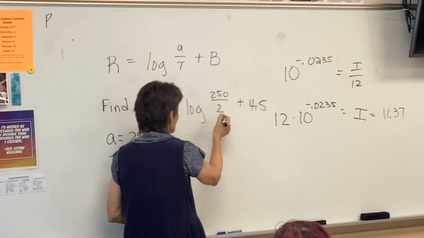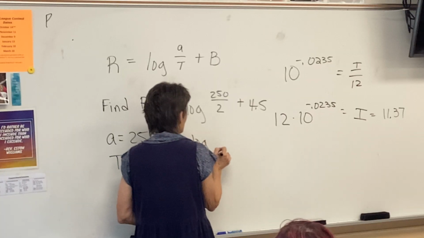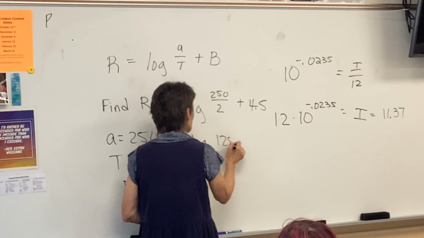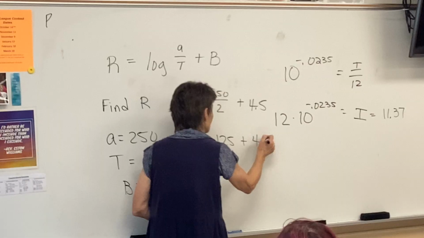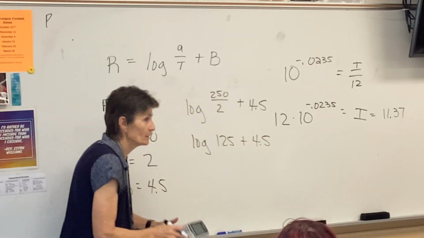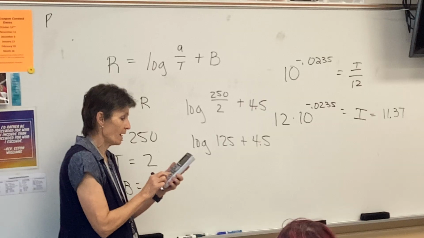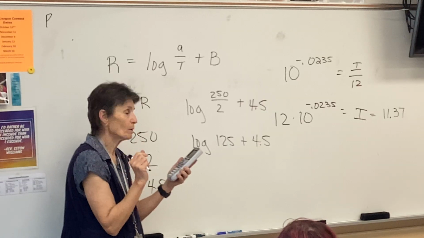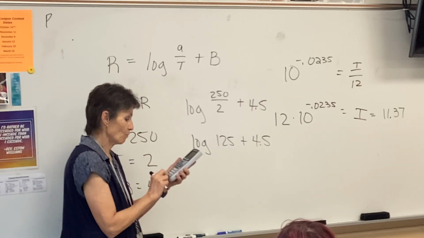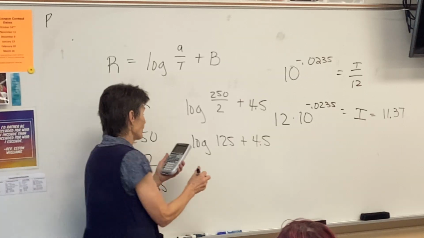Now, 250 over 2 is what, 125? I'm just going to type that in on my calculator. I have the log button. I'll just press log 125. Make sure you close those parentheses. Plus 4.5. What'd you get as your answer?